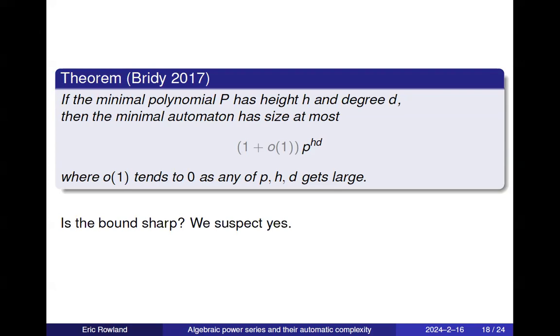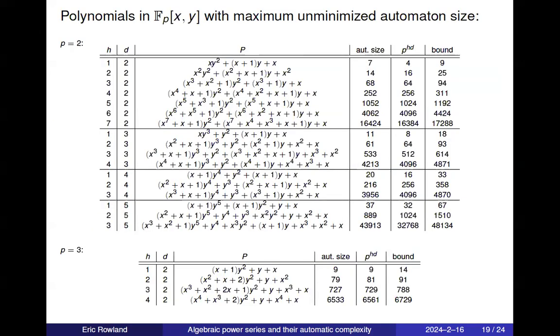We computed a lot of, maybe you can tell, we spent a lot of time computing automata and playing around with them. This is a table for various heights and degrees. This is for p equals 2, and this is for p equals 3. This is an example of a polynomial that gives you the maximal automaton size for that height and degree. So there may be others, but we just picked one.